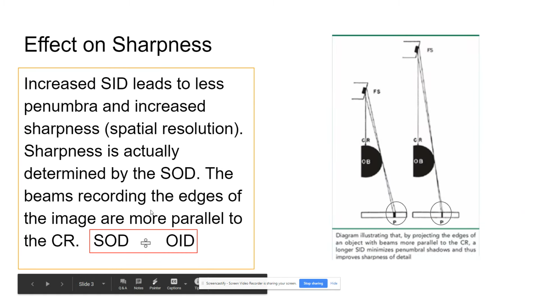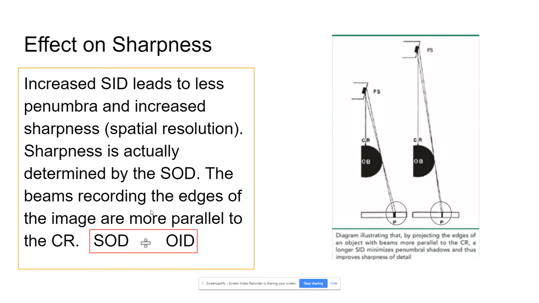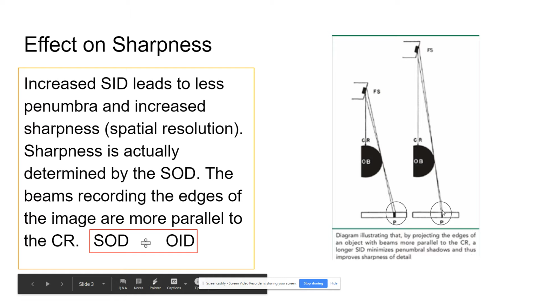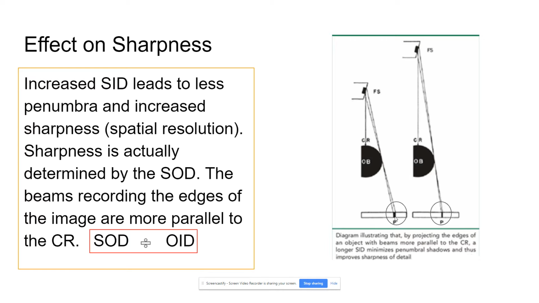So when it comes to spatial resolution or sharpness, there should be a review, right? When we have a longer SID, you can see here that our ultimate penumbra is much less than the penumbra on the left side with the shorter SID, right? So shorter SID has more penumbra, that means more blur.